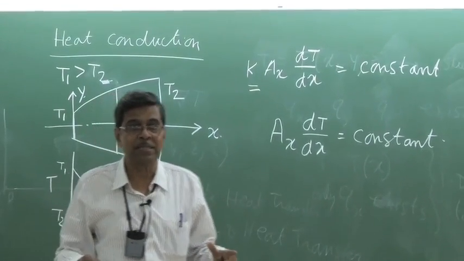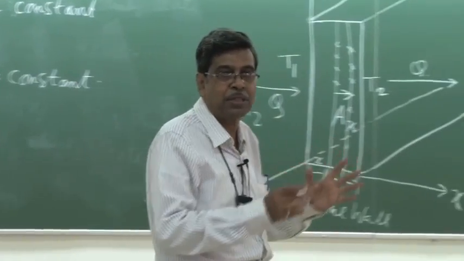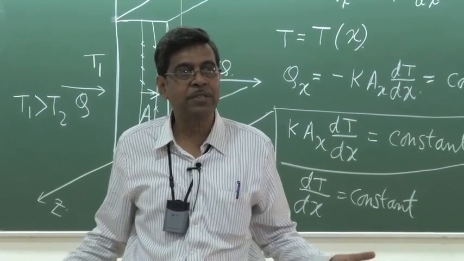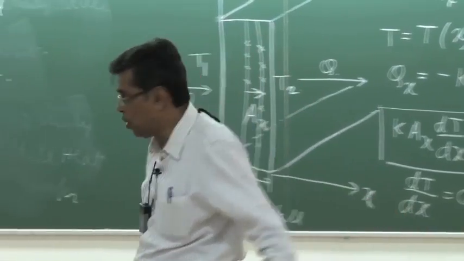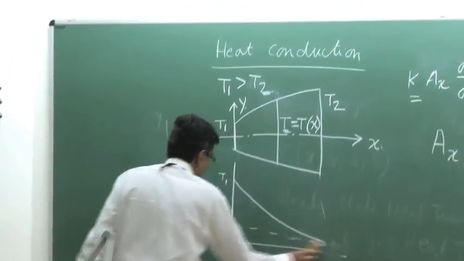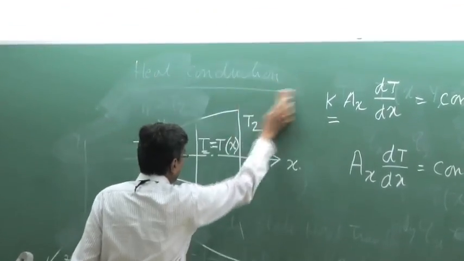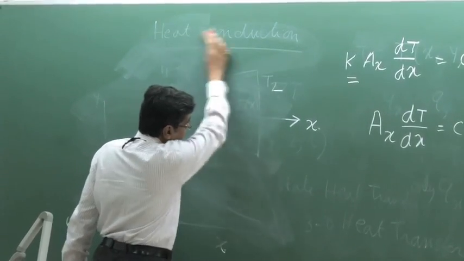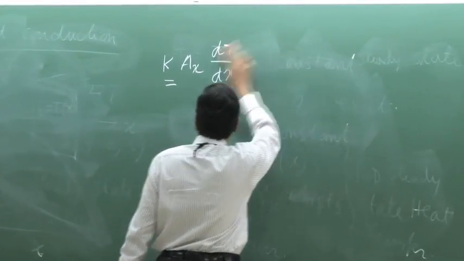The rest is mathematics. The simplest case is k constant, A constant, a plane wall, where dT/dx is constant and the temperature profile is linear. This is just a preliminary understanding of steady one-dimensional heat conduction, which I will come back to in much more detail after the derivation of the general heat conduction equation.